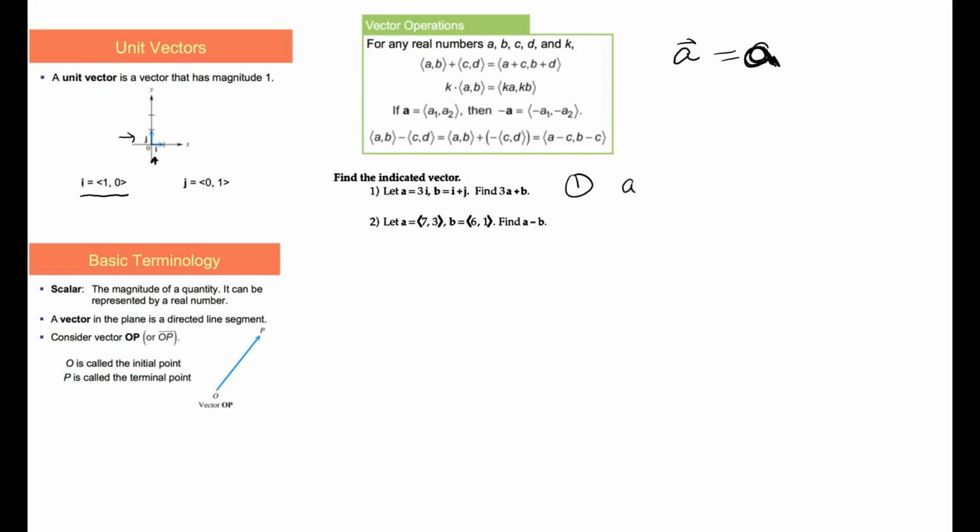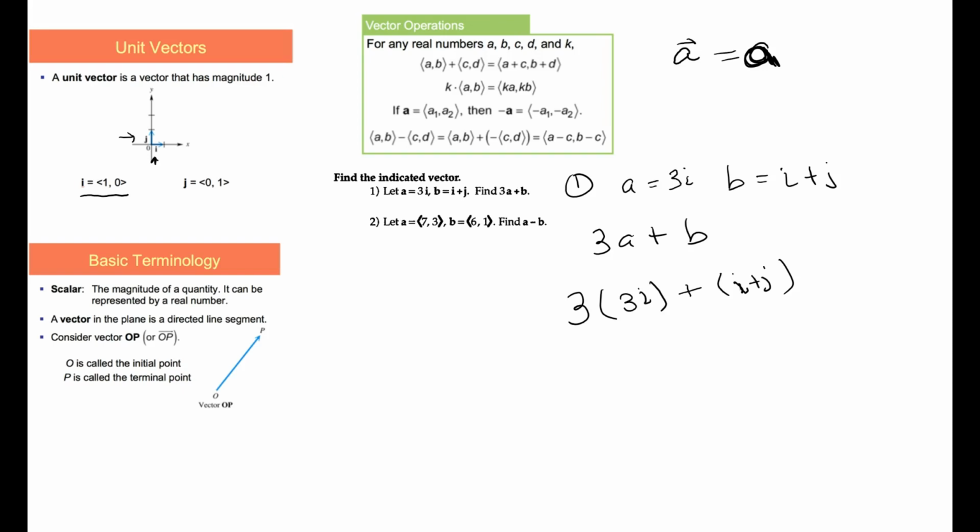If A equals 3i and B equals i plus j, then they want 3A plus B. So 3A plus B in this case is going to be 3 times 3i plus B, which is i plus j.